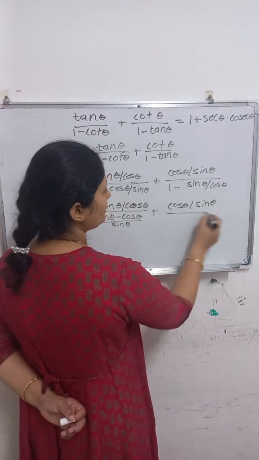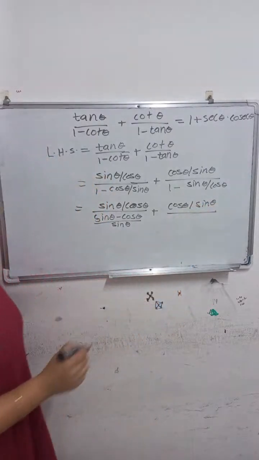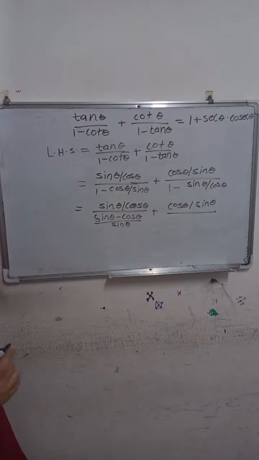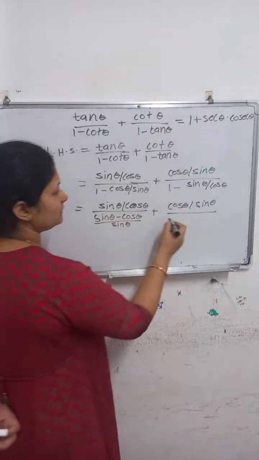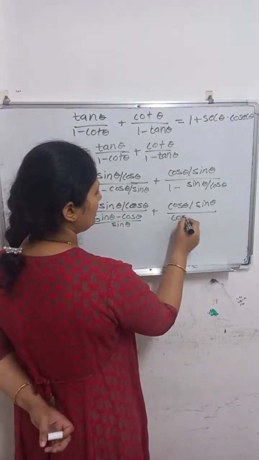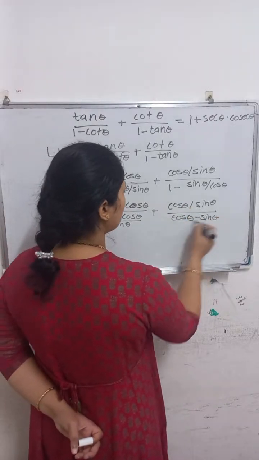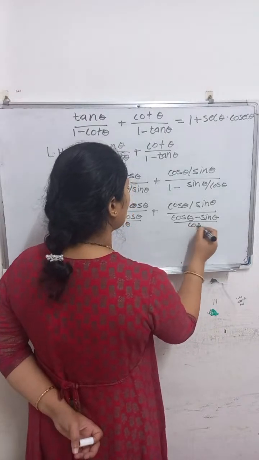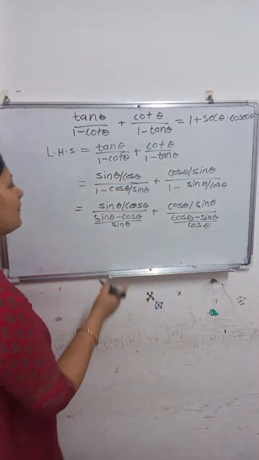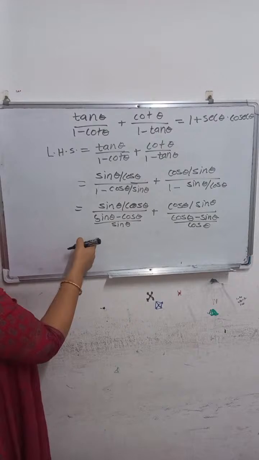I don't have space, that's why I am writing like this. I hope you all are getting this. So again you can multiply by taking LCM: cos theta minus sine theta divided by cos theta. Sine theta goes up and cos theta comes down.